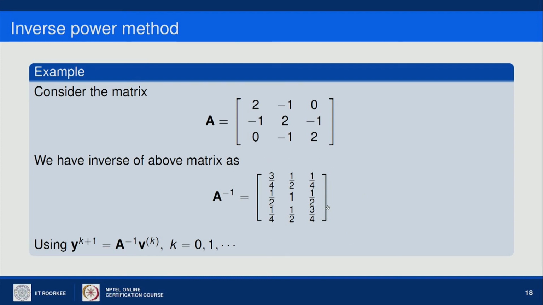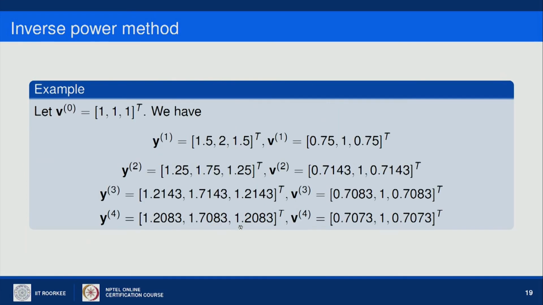So, if we are doing it with A inverse and starting with an initial solution 1 1 1, we are getting our first approximation as y1, that is 1.5 2 1.5, and here if I divide it by 2, it is 1 upon 2 into 0.75 1 0.75 transpose. So, first approximation of the eigenvalue is coming 2 and eigenvector is this one.